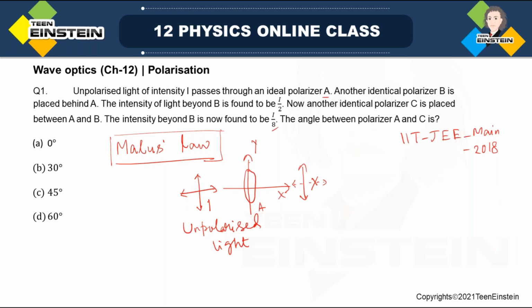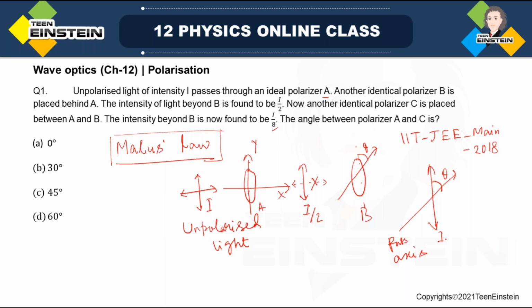Okay, so this is the first part. Now the second part: suppose another polarizer B is kept, whose pass axis makes an angle theta with the pass axis of A. This is the pass axis, this is the electric field vector, and this is the angle theta.